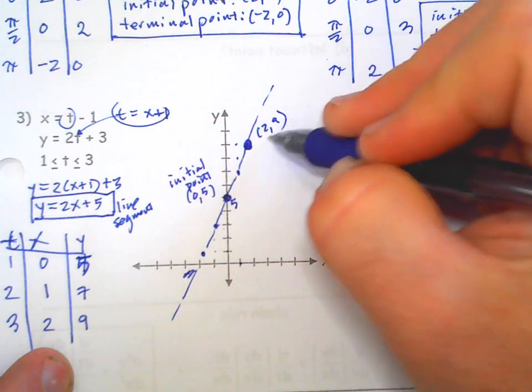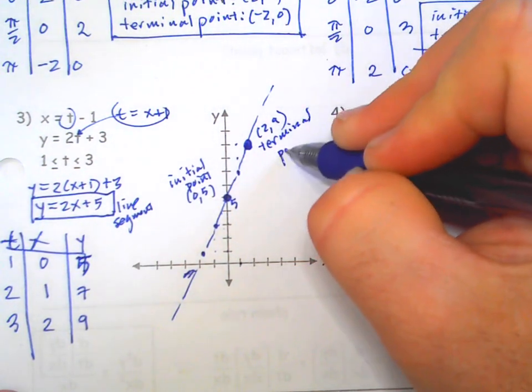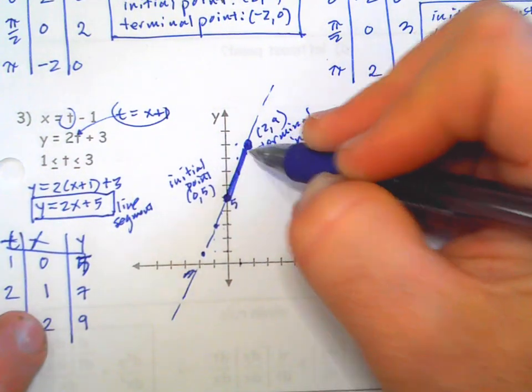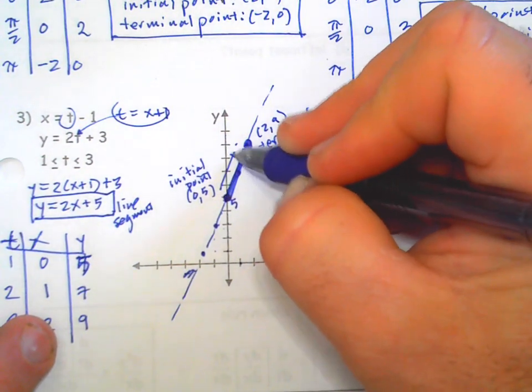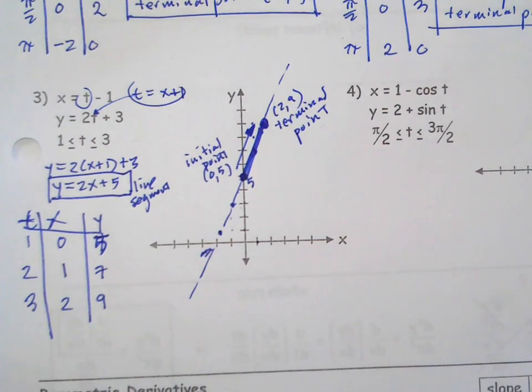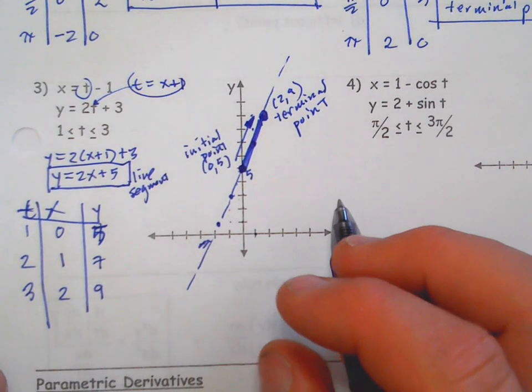That's your terminal point. Okay, so then we're going from there to there. And sure enough, 1, 7 is right there in the middle. The direction is from the initial to the terminal. So we're going to draw a little arrow. Our actual graph doesn't have any arrows on the ends because it stops. It's the line segment.